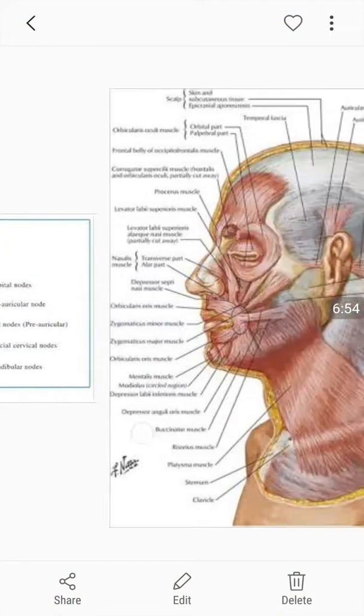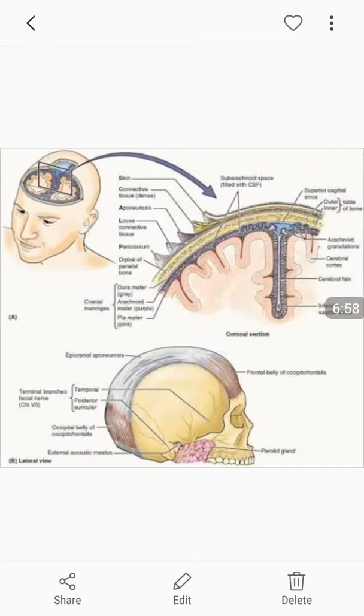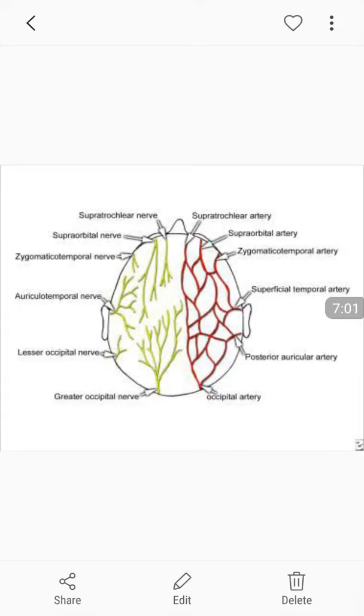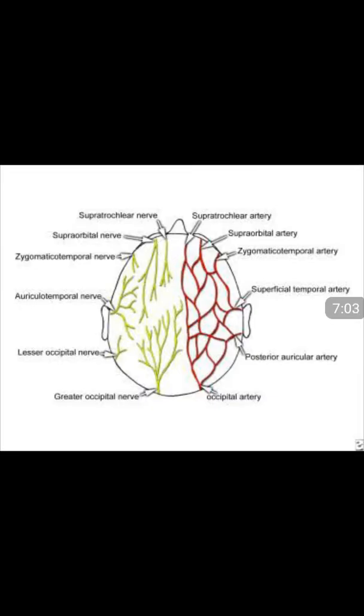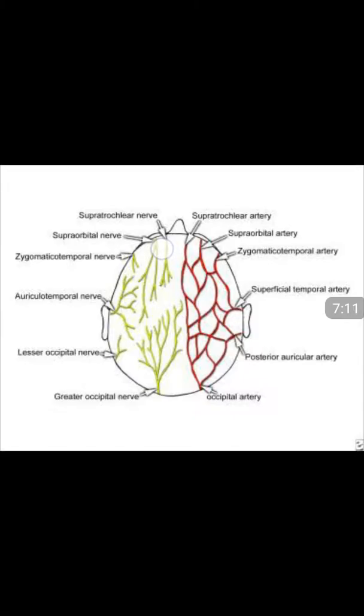So the nerve supply of the scalp, here you can see, is divided into two parts: anterior to the ears or posterior to the ears. Anterior to the ears, they are supplied by supratrochlear nerve, supraorbital nerve, zygomaticotemporal nerve, auriculotemporal nerve.